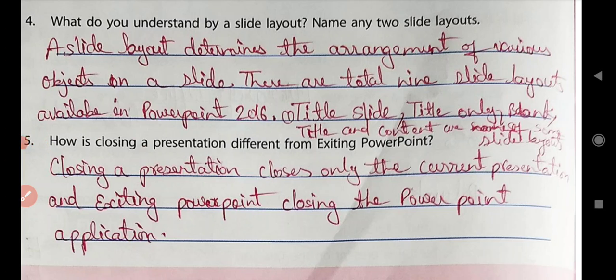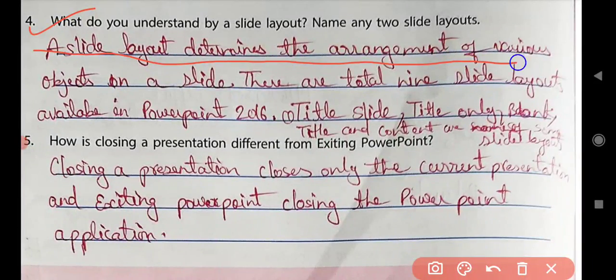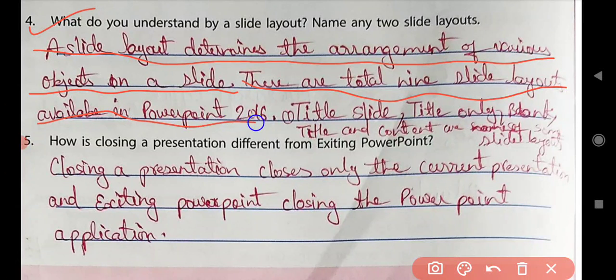The answer is, a slide layout determines the arrangement of various objects on a slide. There are a total of 9 slide layouts available in PowerPoint 2016. I repeat again, a slide layout determines the arrangement of various objects on a slide.